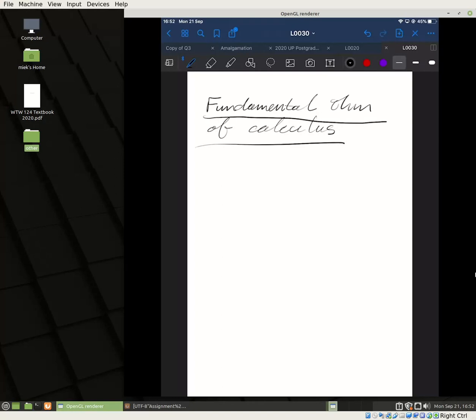Okay, so now we are heading to a new section on the fundamental theorem of calculus.